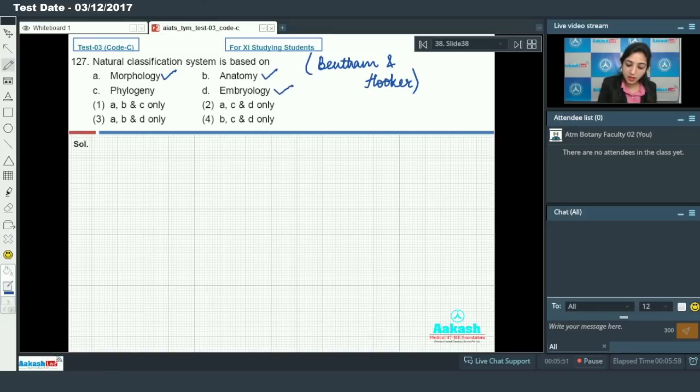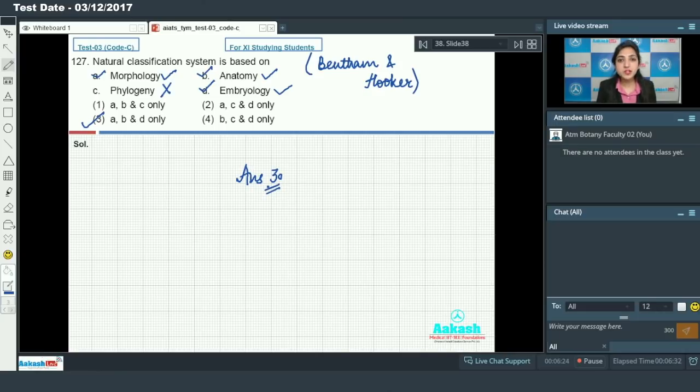So both anatomy and embryology are included. Phylogeny is not considered in natural classification system; it is included in phylogenetic classification system. So natural classification system is based on morphology, anatomy and embryology. So A, B and D are correct. Answer to this question is option number 3.